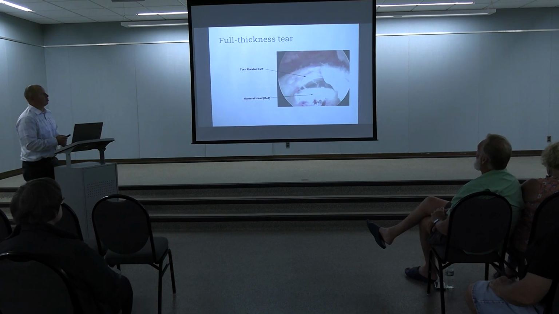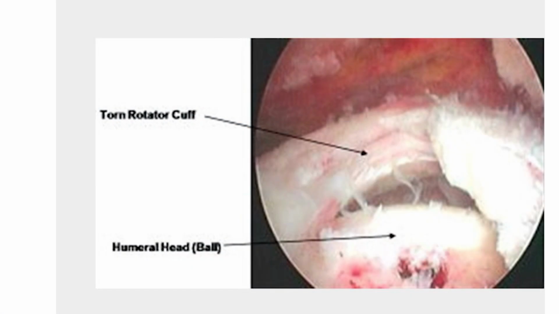So here's looking directly at a full thickness rotator cuff tear. Right here you have your humeral head, and you're looking at it straight on. So there's the rotator cuff tendon tissue. And so typically during a repair, the bone here will be roughened up so it's bleeding.